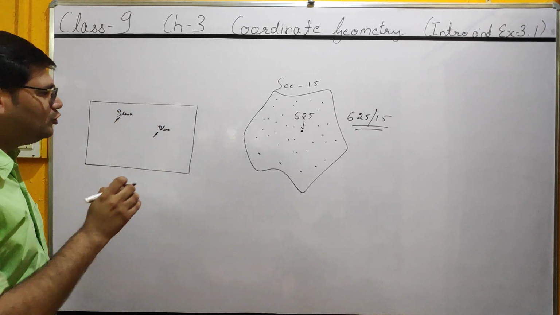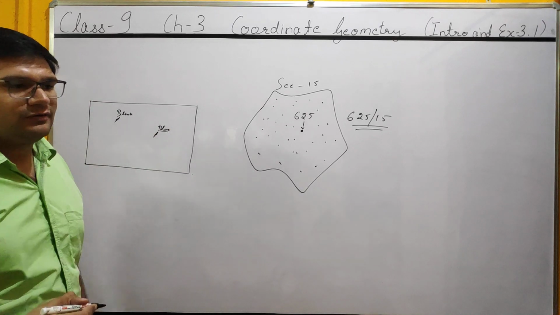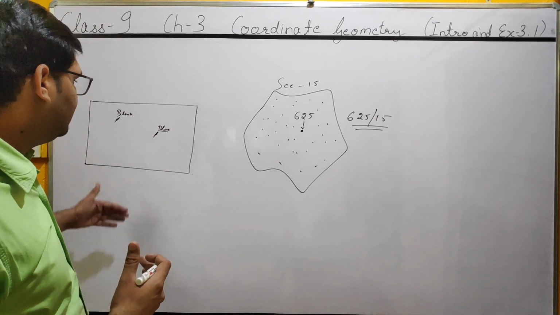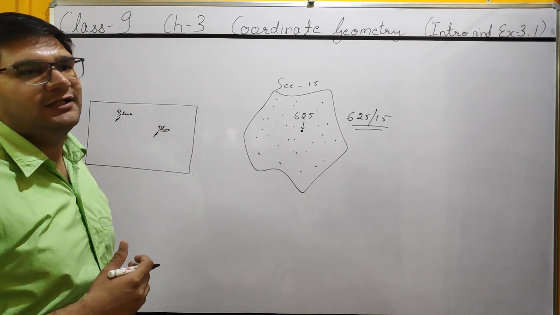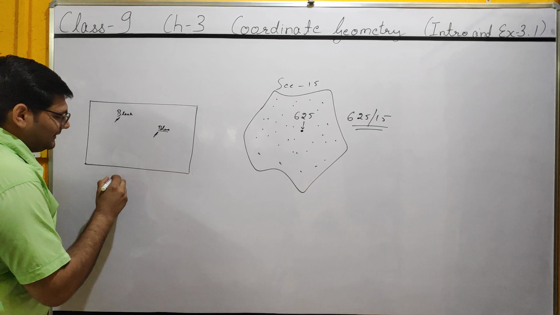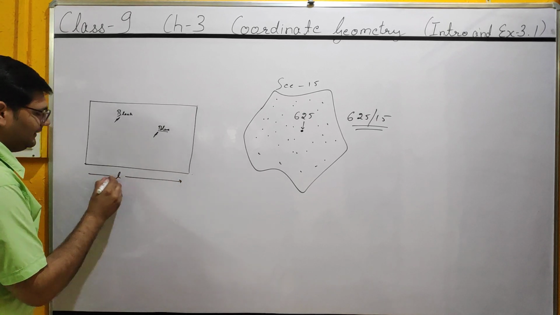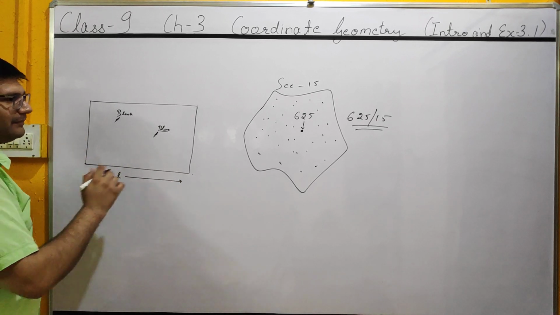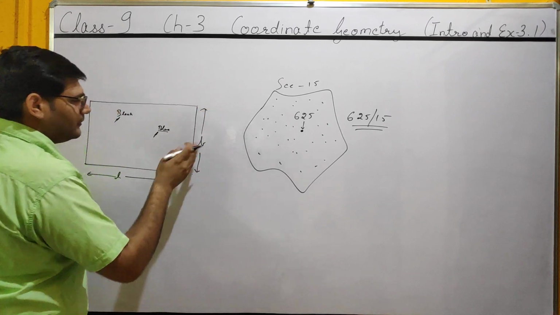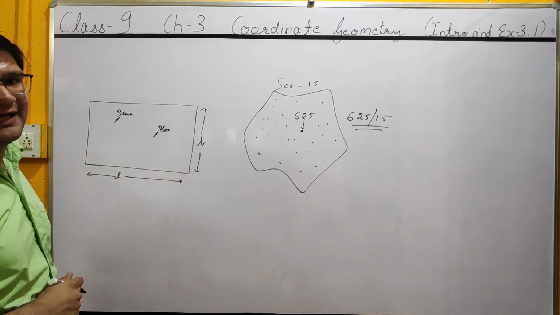Alright, and you want the pen which is of blue color. So how can you tell the location of that pen? Now this is the length of the table on which the pens are kept, and this is the breadth of the table.